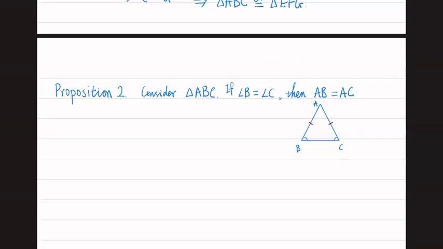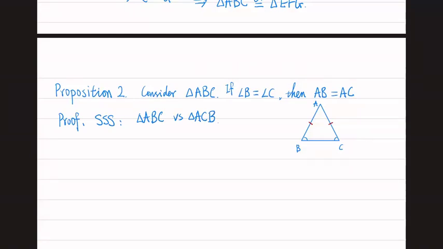So the first proof, Amy wants to apply SSS for the pair of triangles ABC versus ACB.